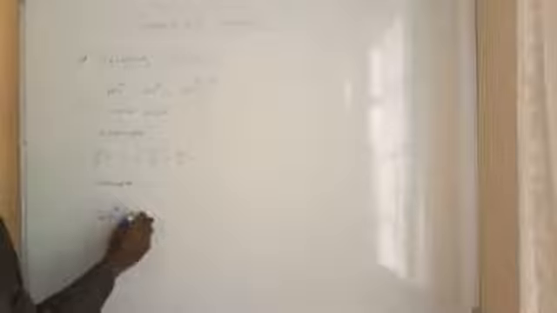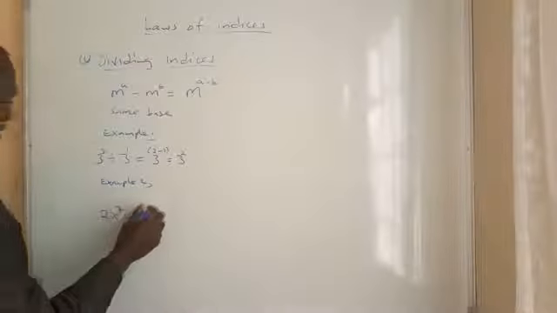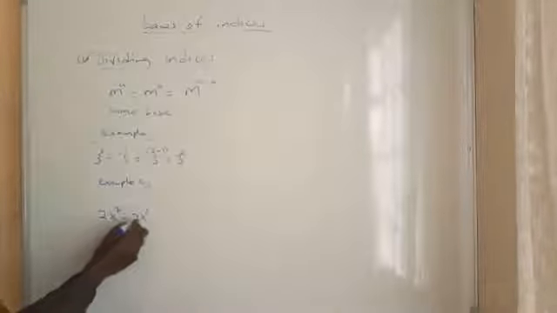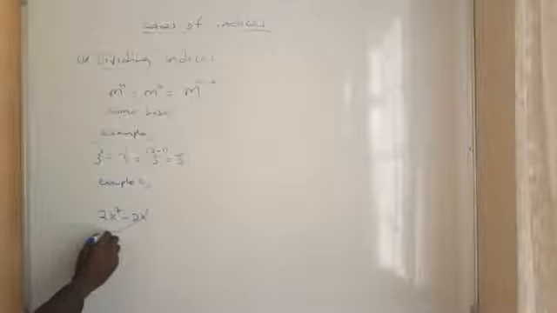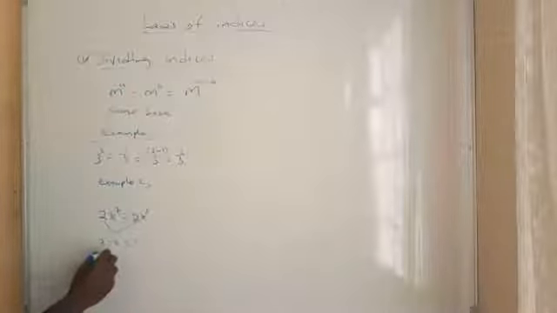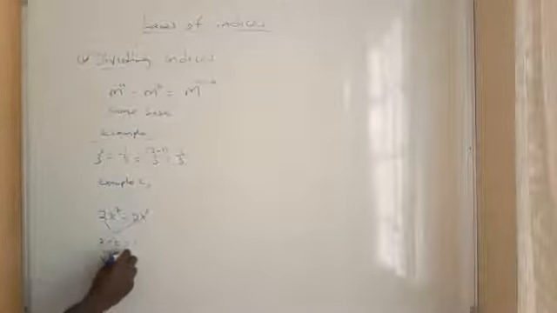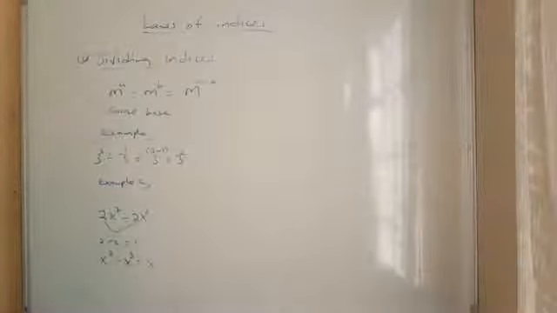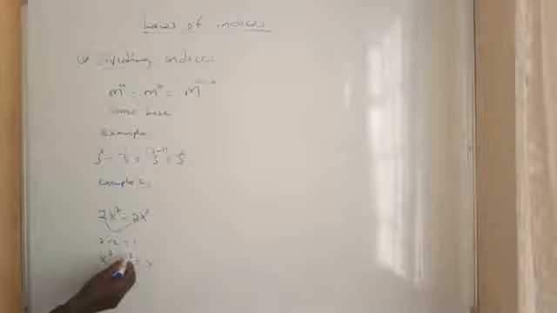If I have, for example, 2x power 7, you divide by 2x power 3. Okay, we begin with the numbers separately. We divide 2 divided by 2, we know that the answer is 1. Next, x power 7, you divide by x power 3. The bases are the same, that is x. 7 minus 3.